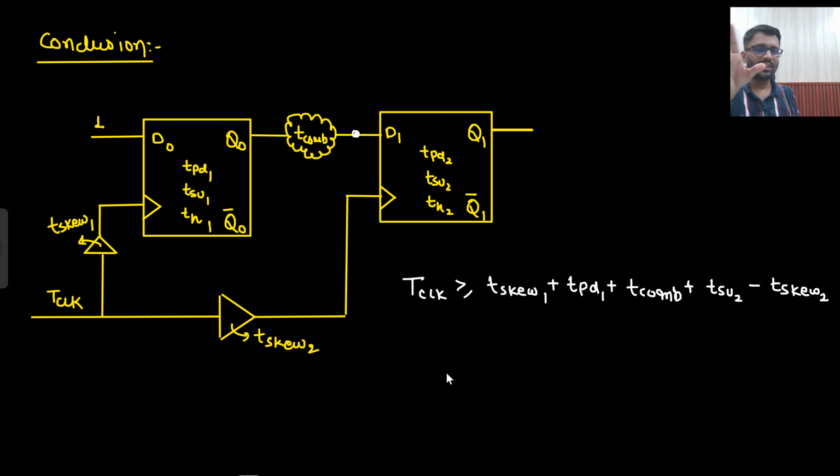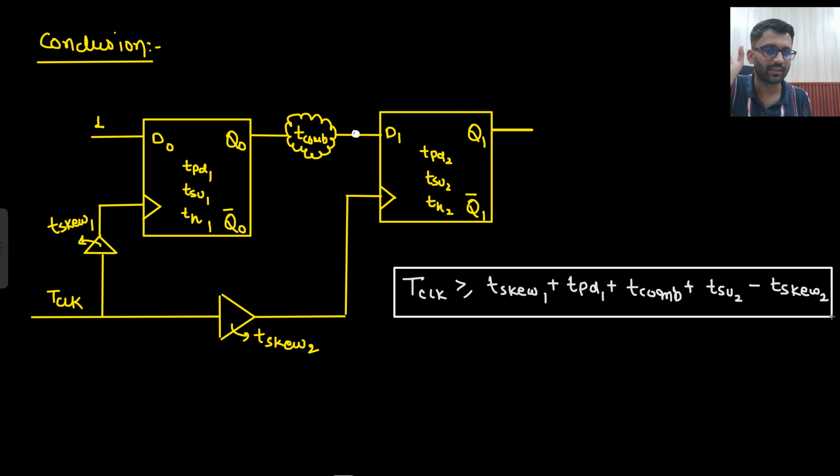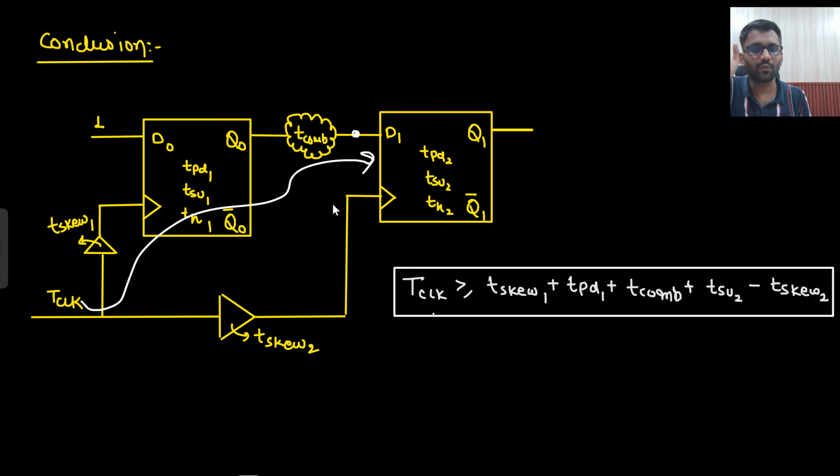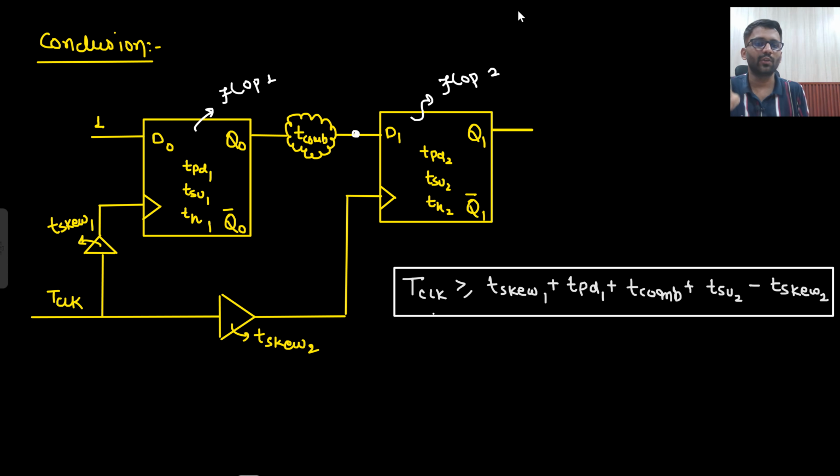The formula which feels very complex has become very easy for you because you know what you are doing, right? You are moving ahead in the path. You are going from flop 1 to flop 2, because the input at flop 1 is stable, so I don't need to worry about that. So T skew plus TPD1 plus T combination plus T setup 2, this much margin I require, minus this T skew 2.